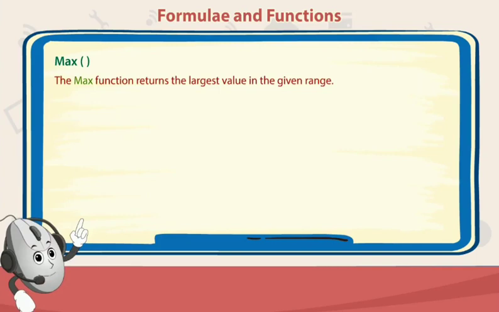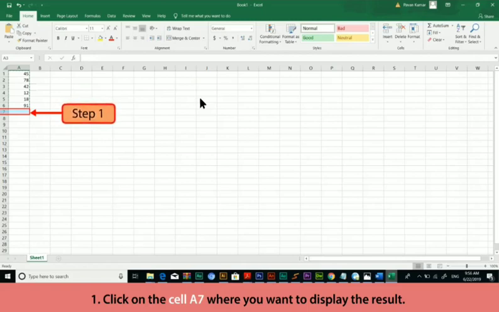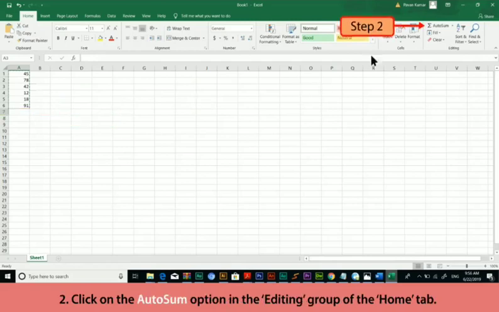Max. The max function returns the largest value in a given range. So let's learn how to use the max function. Click on A7 where you want to display the result. Click on the AutoSum option in the editing group of the Home tab.